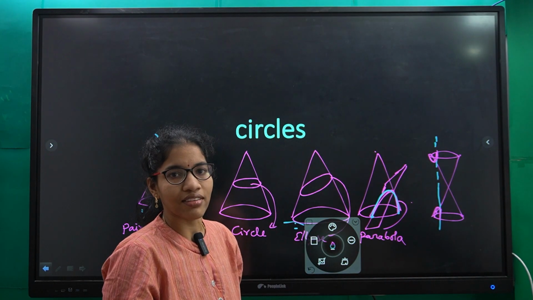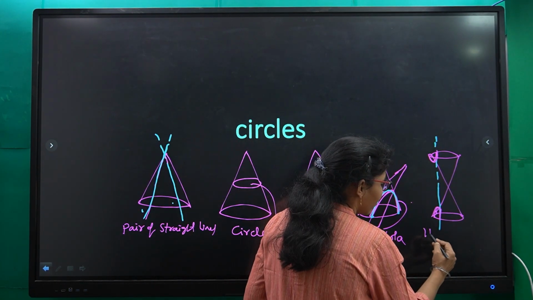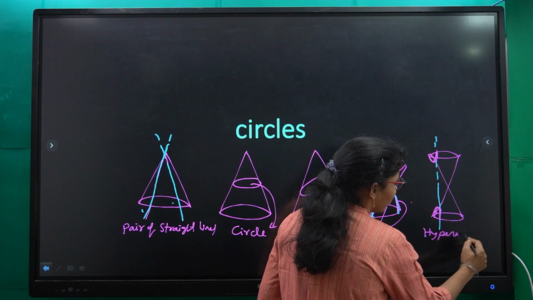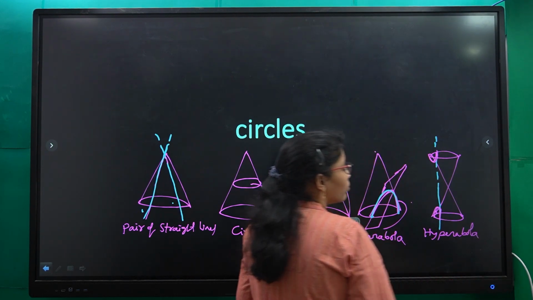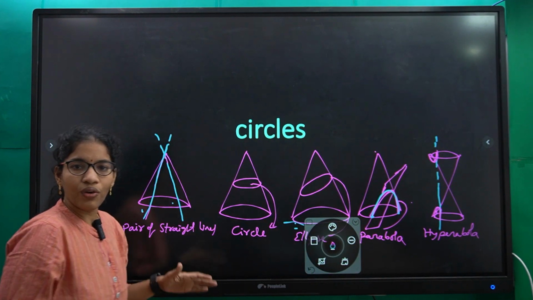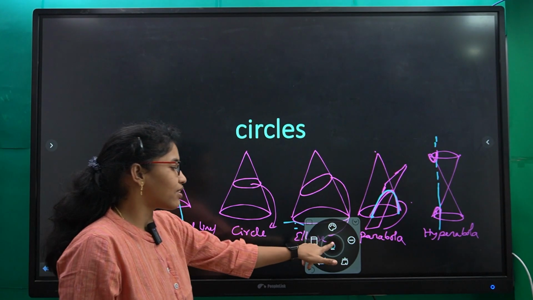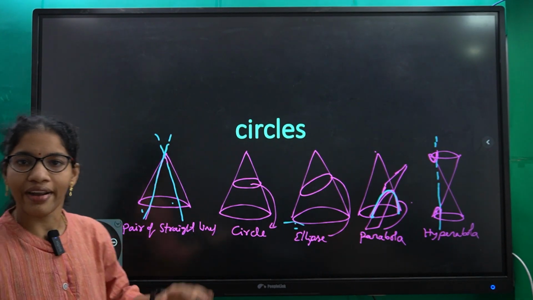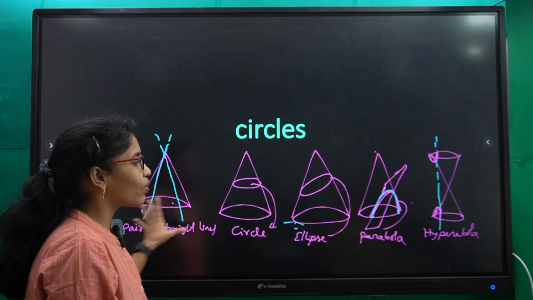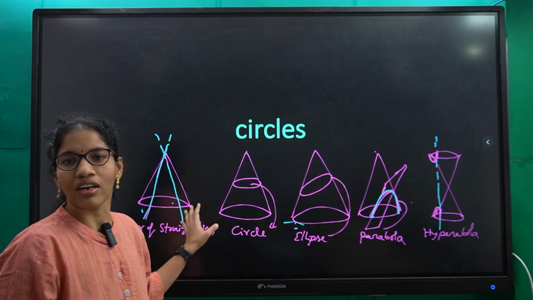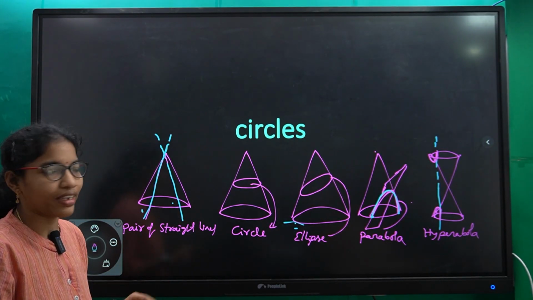You can call it a hyperbola. So when you cut the cone in different positions, we get a pair of straight lines, circle, ellipse, parabola and hyperbola, right?